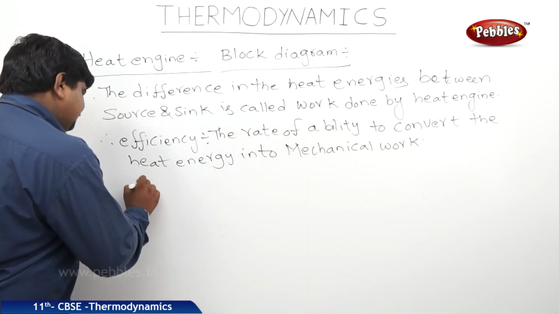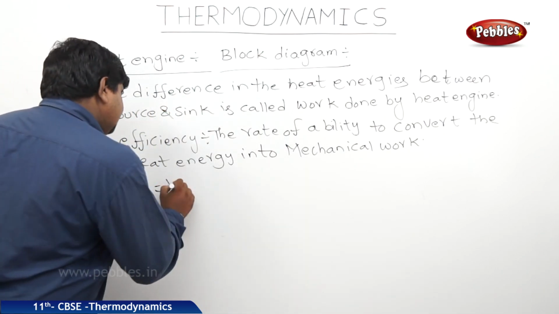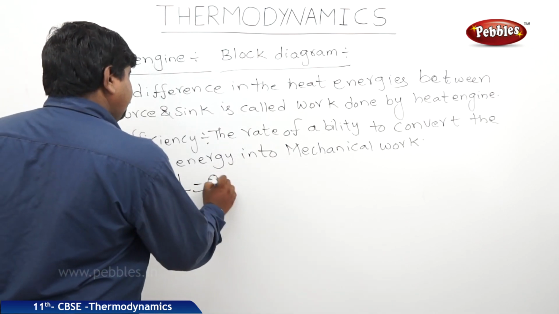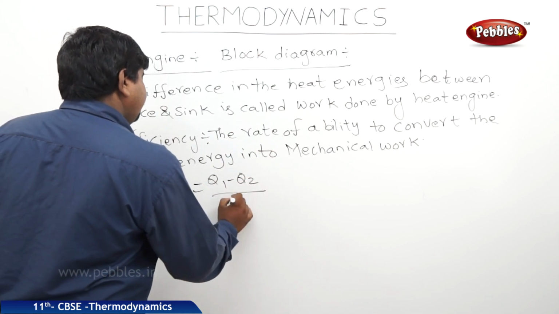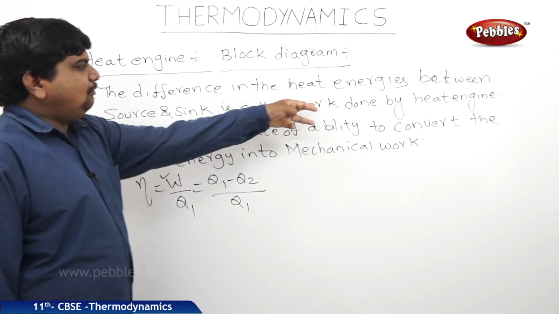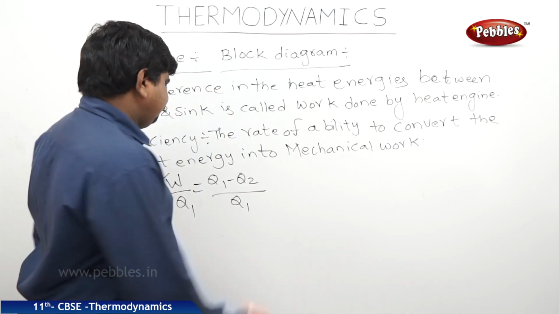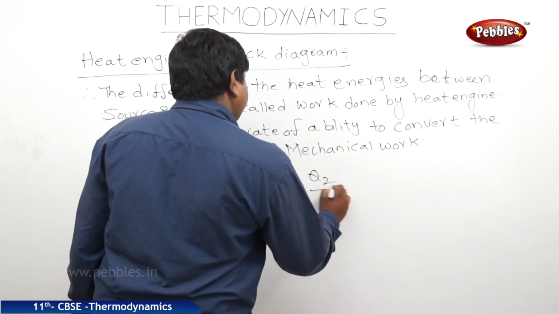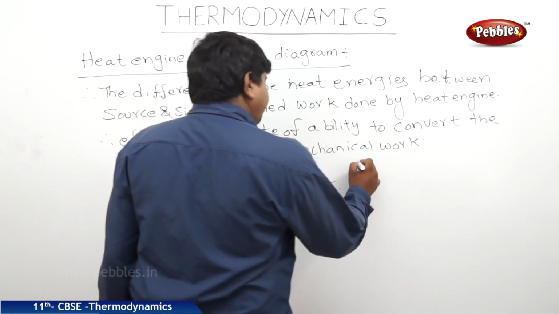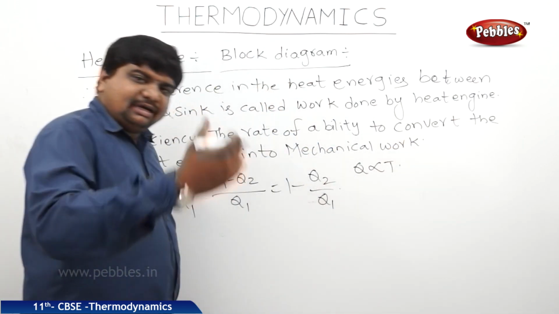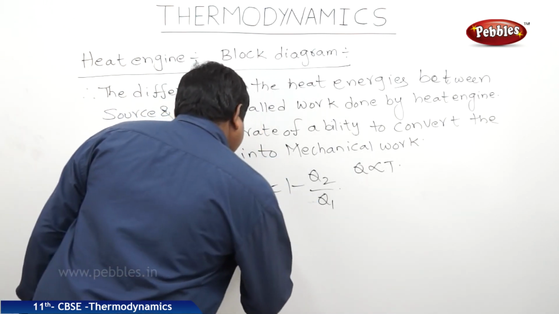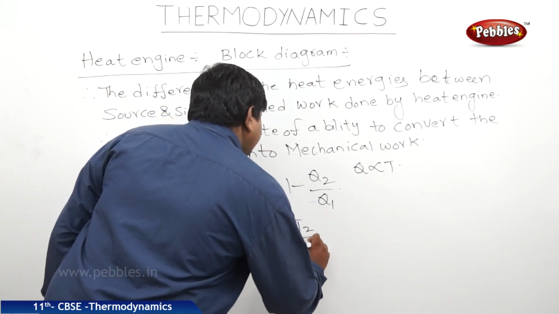Its symbol is eta. This is equal to W by Q1, where W is equal to Q1 minus Q2, so eta is Q1 minus Q2 by Q1. If you see the first two lines, work done is the difference between the heat energies. So it will be written as 1 minus Q2 by Q1, where Q is proportional to T, meaning when heat energy is supplied, temperature is automatically involved. Therefore, this eta will become 1 minus T2 by T1.